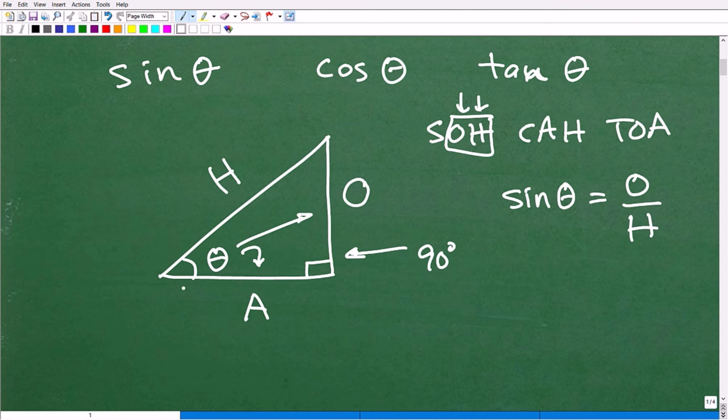They're just ratios of sides of a right triangle. The sine of this angle here specifically is going to be this side divided by this side. With that being explained, let's go ahead and solve this problem using the sine function.